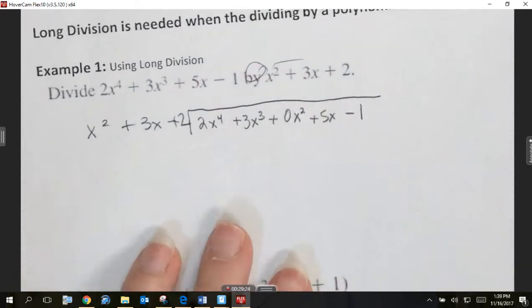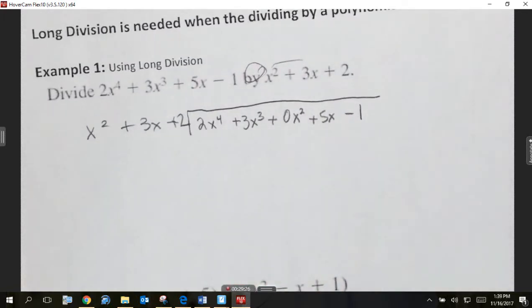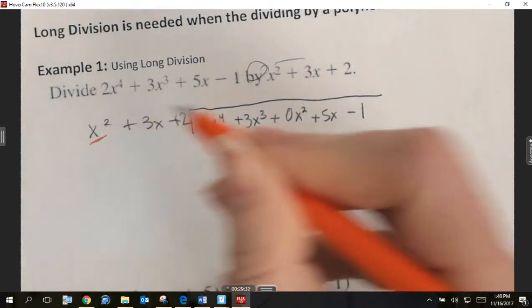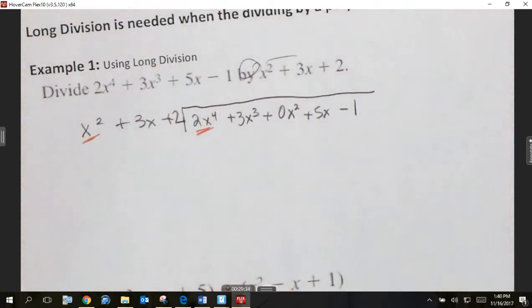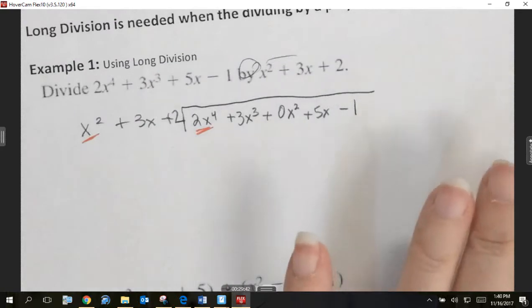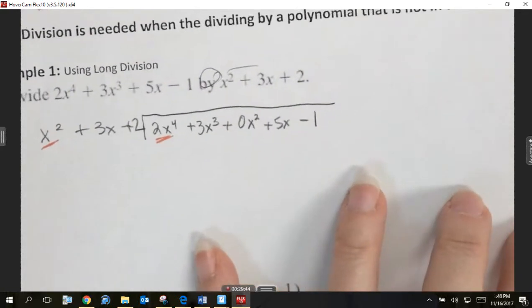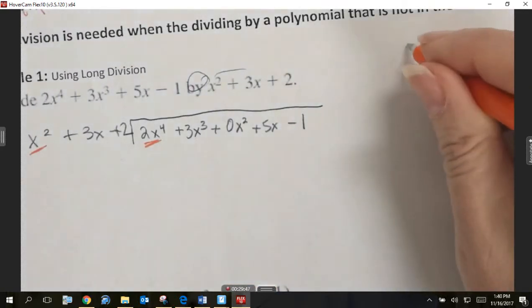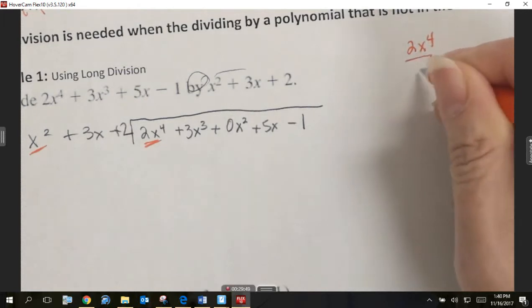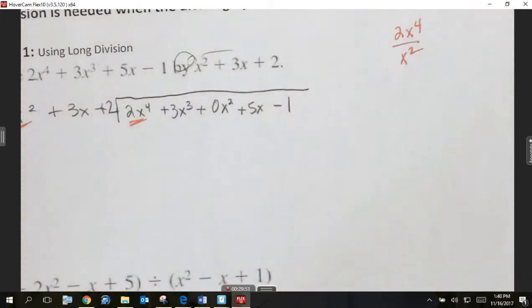Now, what is our first step of long division? Divide. Okay, so when we divide, you actually divide only the first terms. We have to divide x squared into 2x to the fourth. And if you're not sure, off to the side, I'm going to do 2x to the fourth divided by x squared.